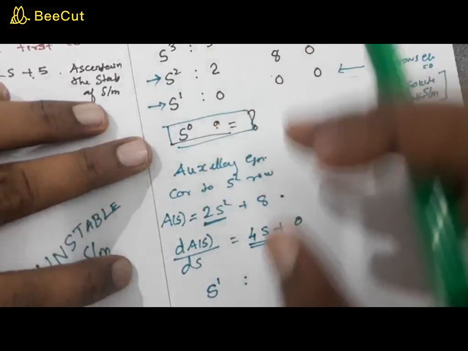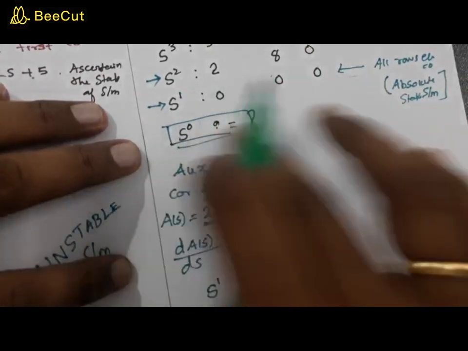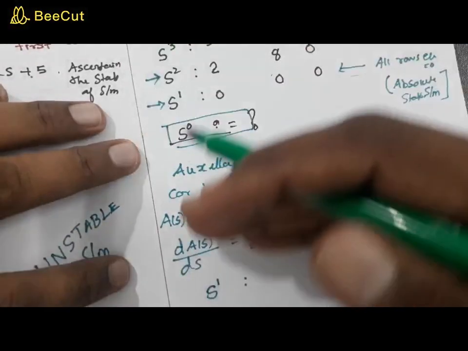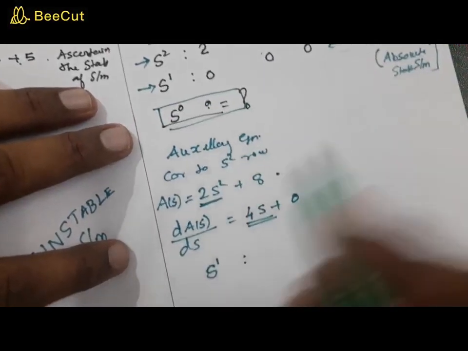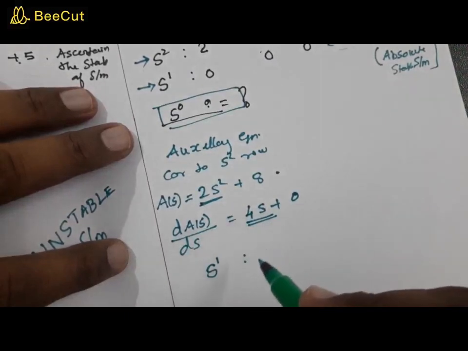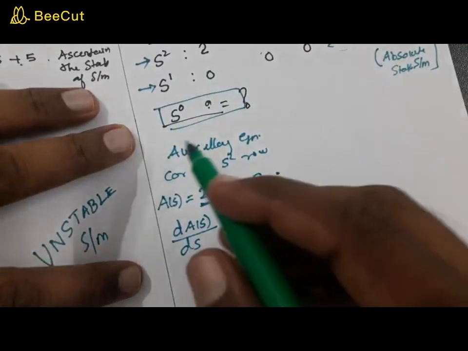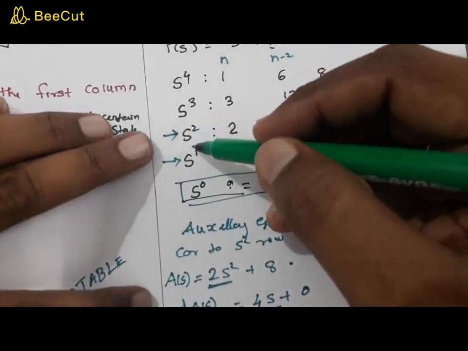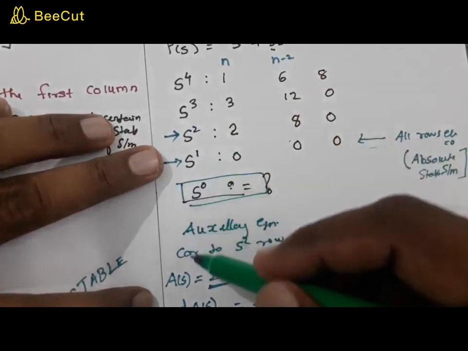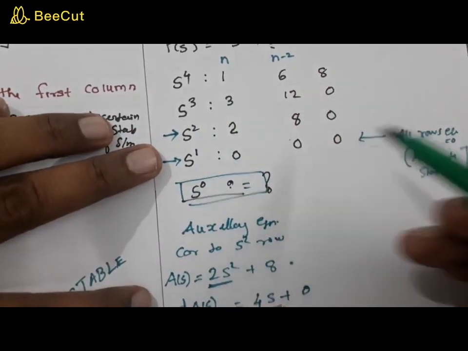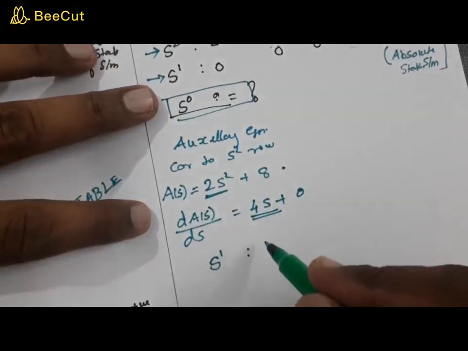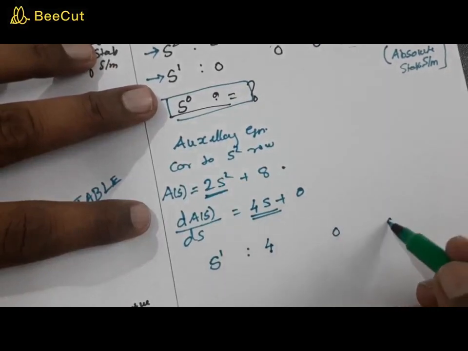You may combine these steps together, and you don't need to show the steps in between, so be careful about that when you do this in your exams. Don't write s raised to 1 as all zeros. If such a thing happens, find the derivative and rewrite the s raised to 1 row. The new elements will be 4, next is 0, next is 0.